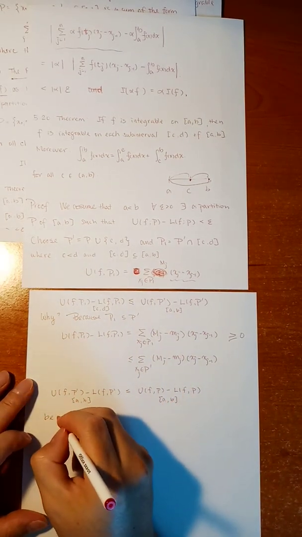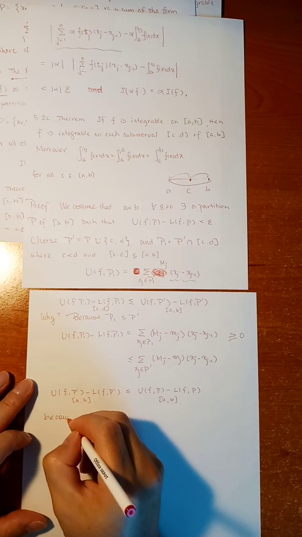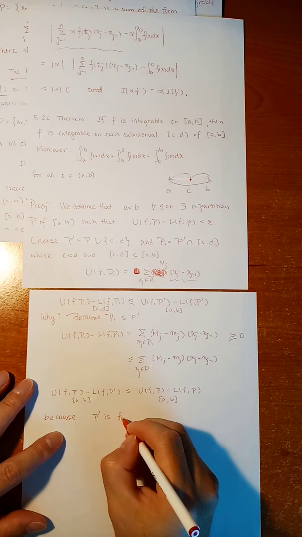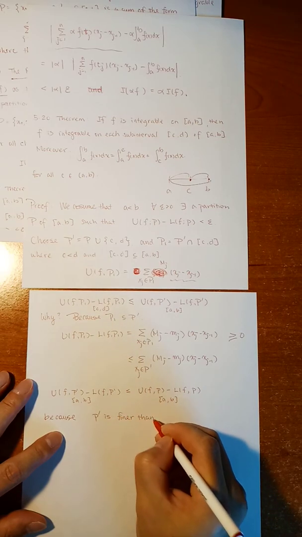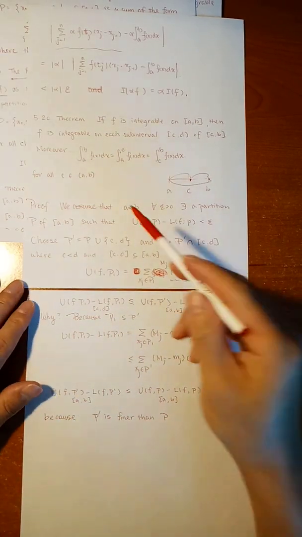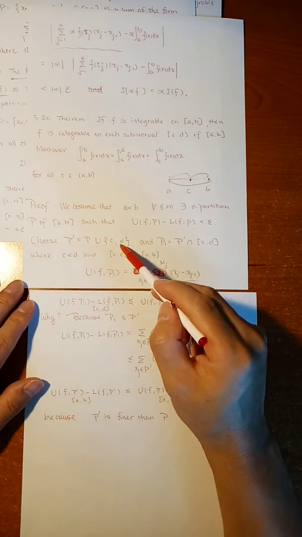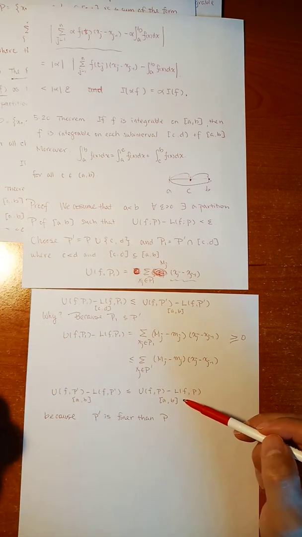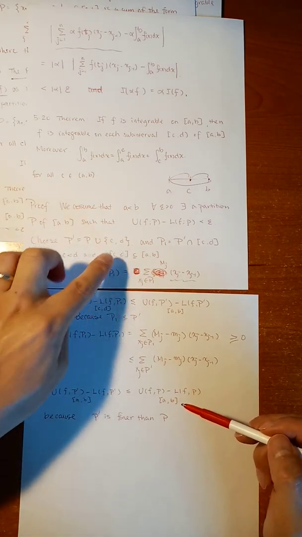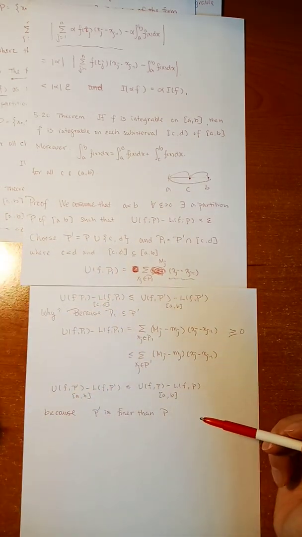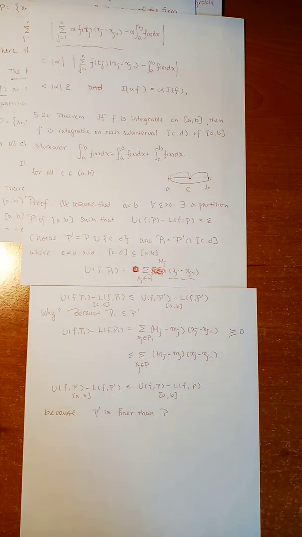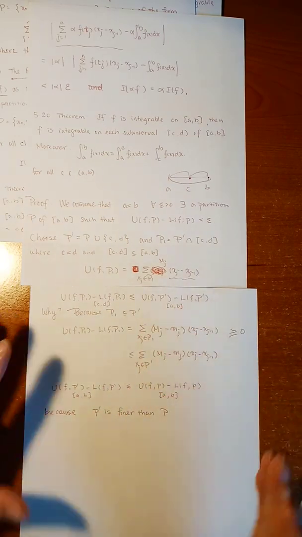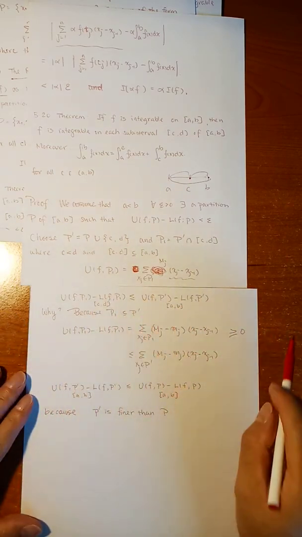This is because P prime is finer than P. Maybe equal, because P prime is P union {c, d}. If P contains c and d, these two things are equal. If P does not contain any of them, you will have less than or equal. Okay? So these are two different properties, and these two inequalities are consistent, since they share the same direction.